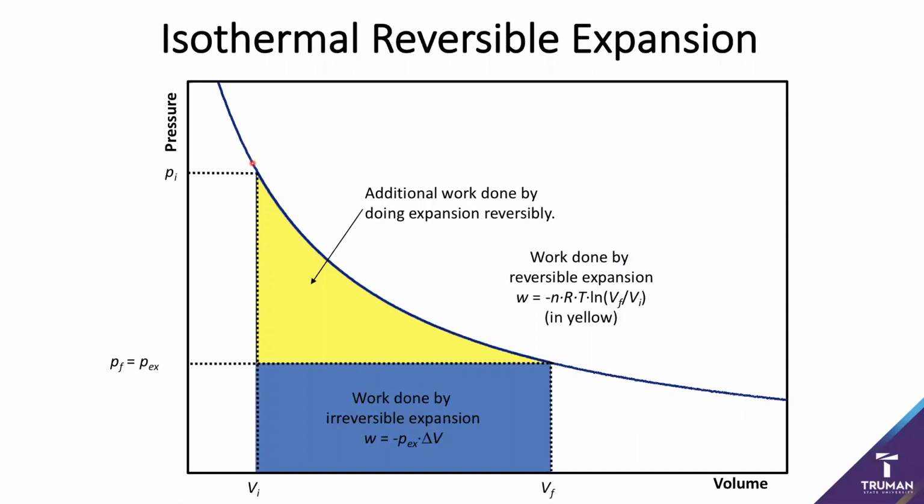And this whole time, my internal and external pressure will be identical and can be given by essentially nRT over the volume. Now, what ends up happening is when we plug this into a reversible expansion equation, it turns out that the amount of work we get out of the reversible expansion will always be greater than the irreversible expansion.